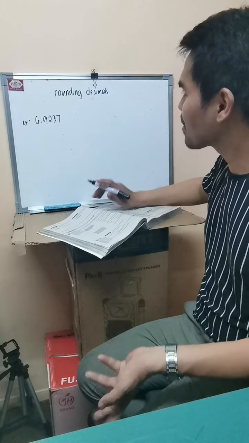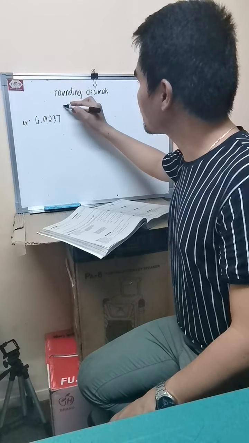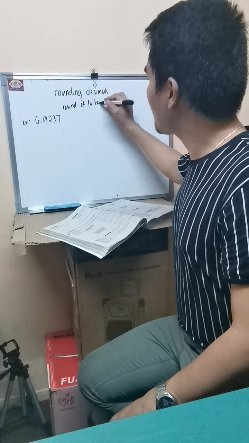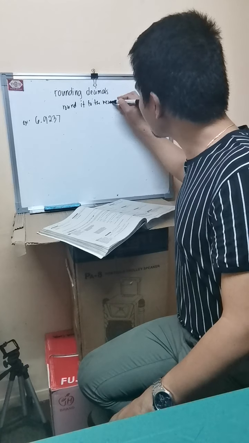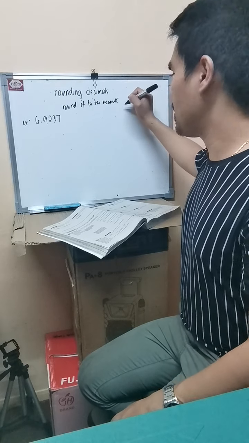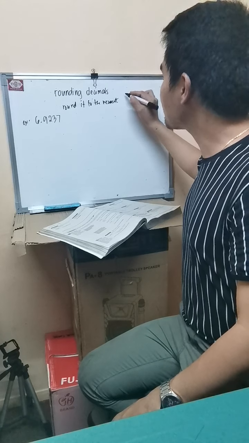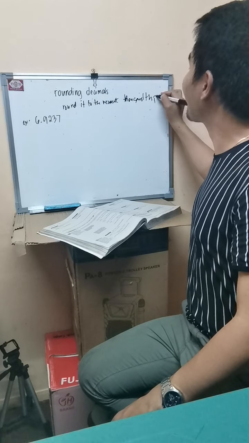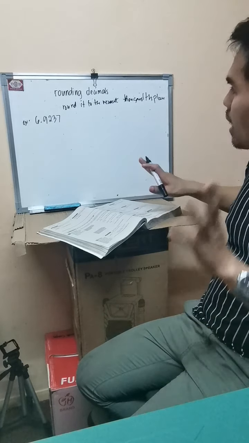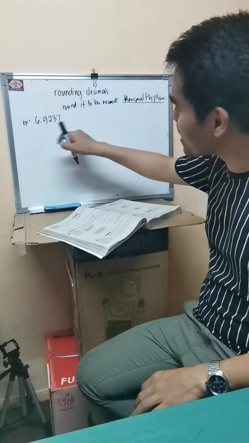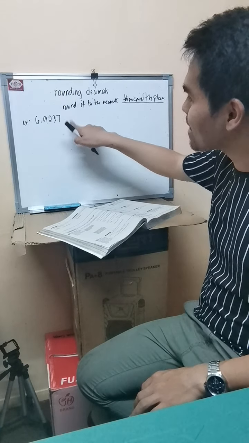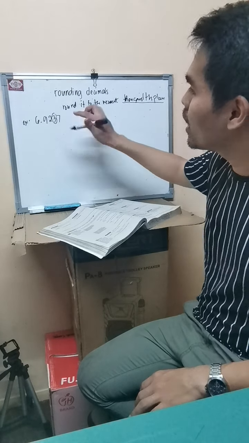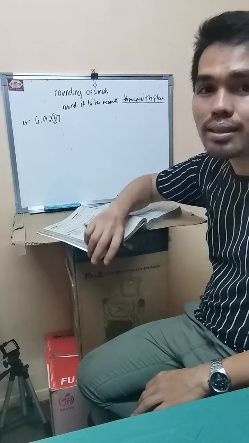And then say for example, the question here is to round it to the nearest thousandths place. Thousandths place. Okay? Very quick. We will identify where's the thousandths place. The place values are tenths, hundredths, thousandths, ten-thousandths. So we're asked now to round off this decimal notation until this one. So we're going to remove the 10,000ths place.